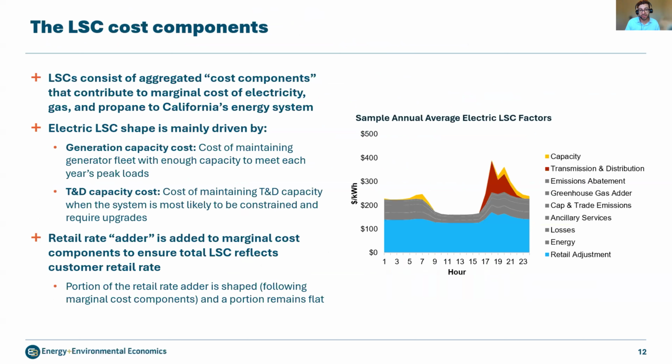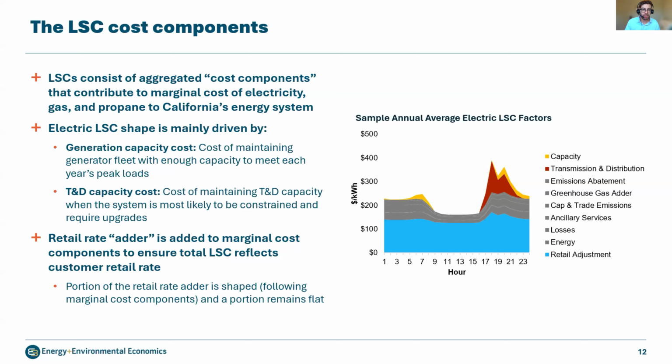The shape of the electric factors is mainly driven by two cost components in particular: the generation capacity cost, which is capturing the cost of maintaining a generator fleet with enough capacity to meet each year's peak loads, and the T&D capacity cost, which is the cost for maintaining and investing in new T&D capacity for when the system is most likely to be constrained and require upgrades.